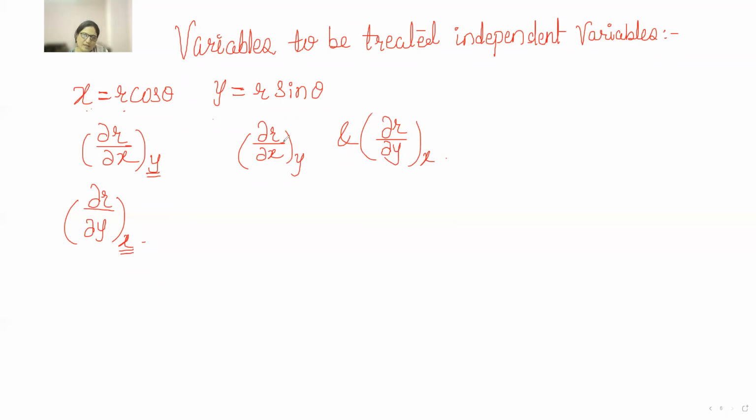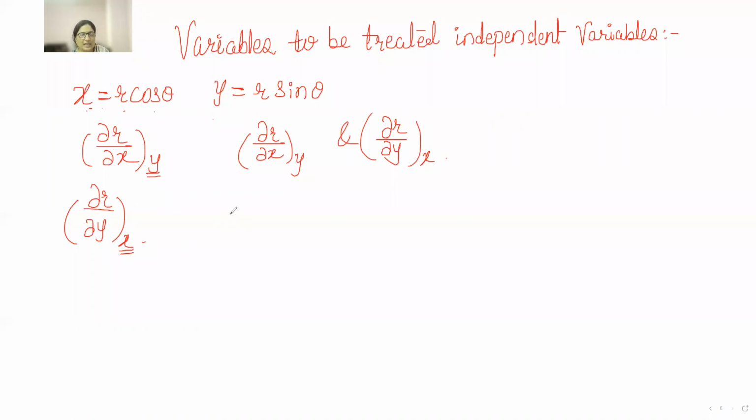Before finding the derivative of this function with respect to x and with respect to y, we have to convert this term. Here x is a function in r and theta, theta is constant, y is a function in r and theta. So first we have to convert x and y into r.